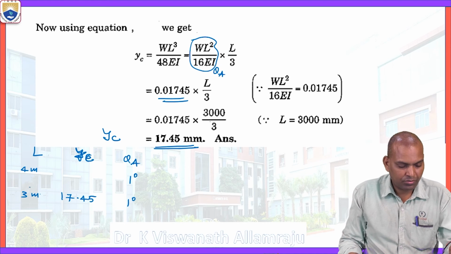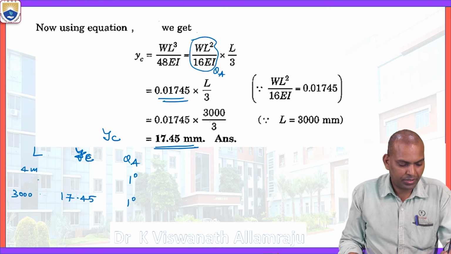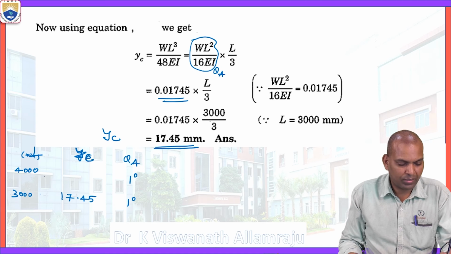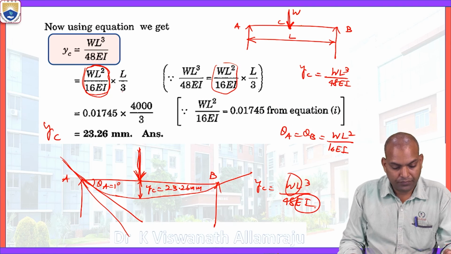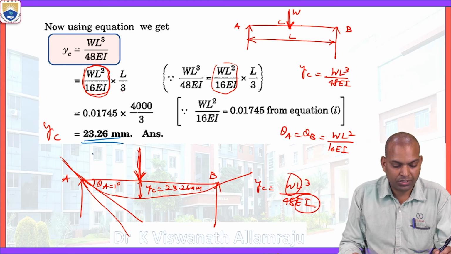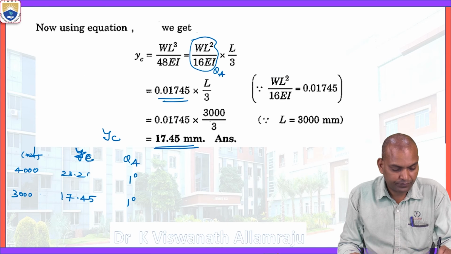Taking L in terms of millimeters, it is 3000 millimeters and 4000 millimeters. For the 4000 millimeter span, the deflection is 23.26 millimeters.